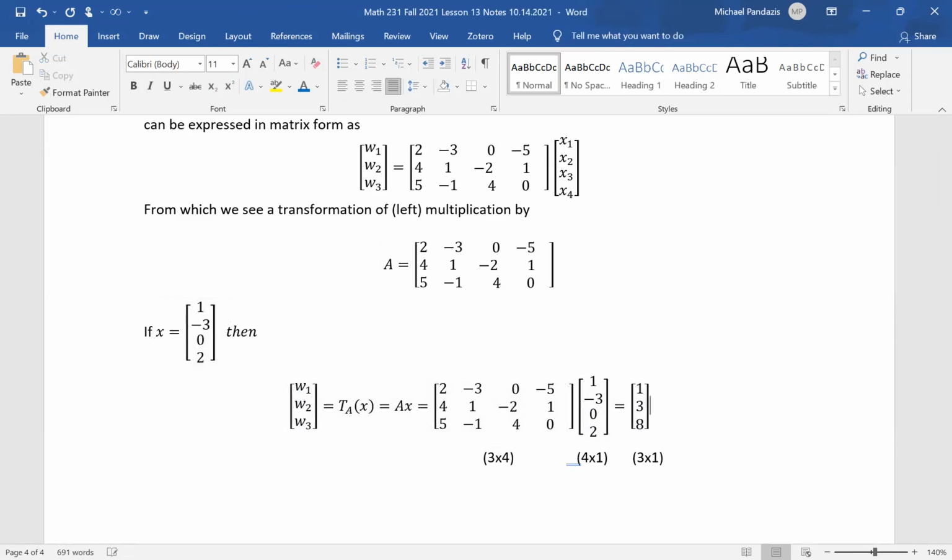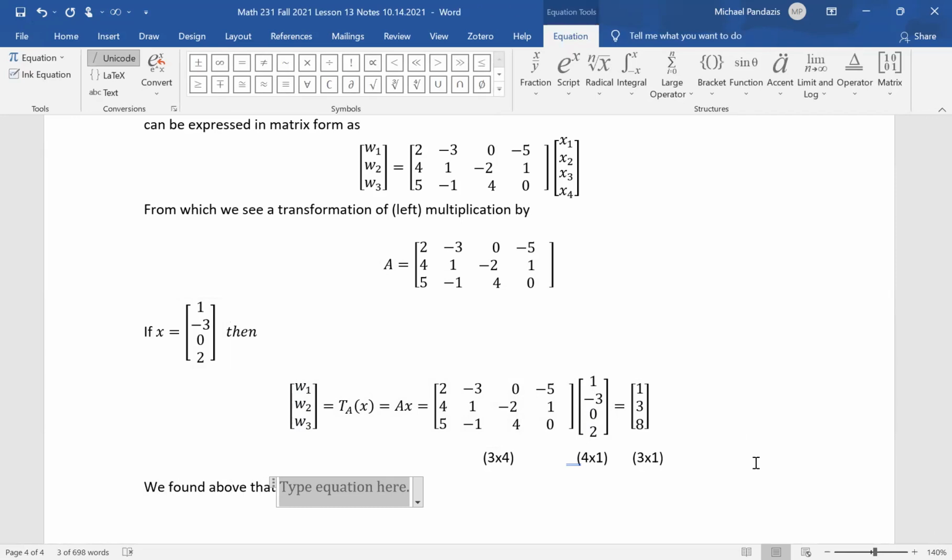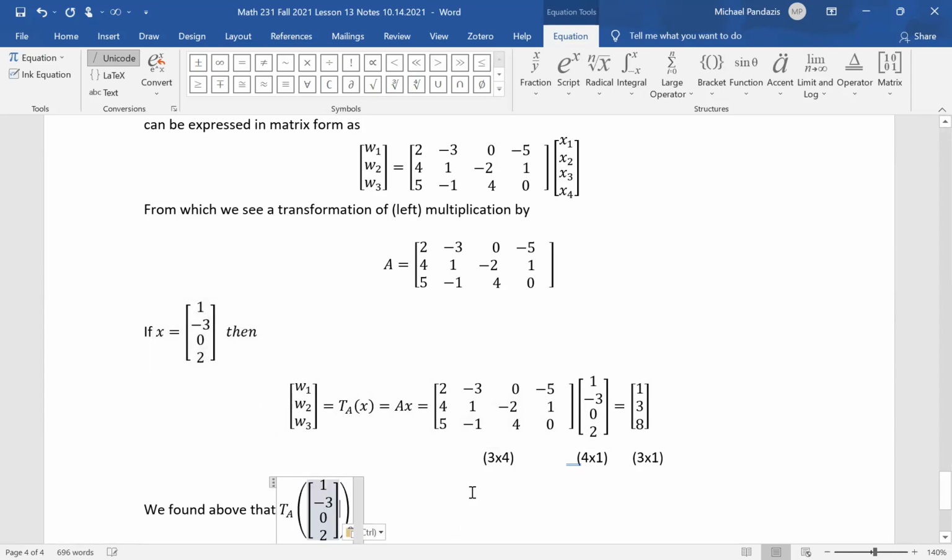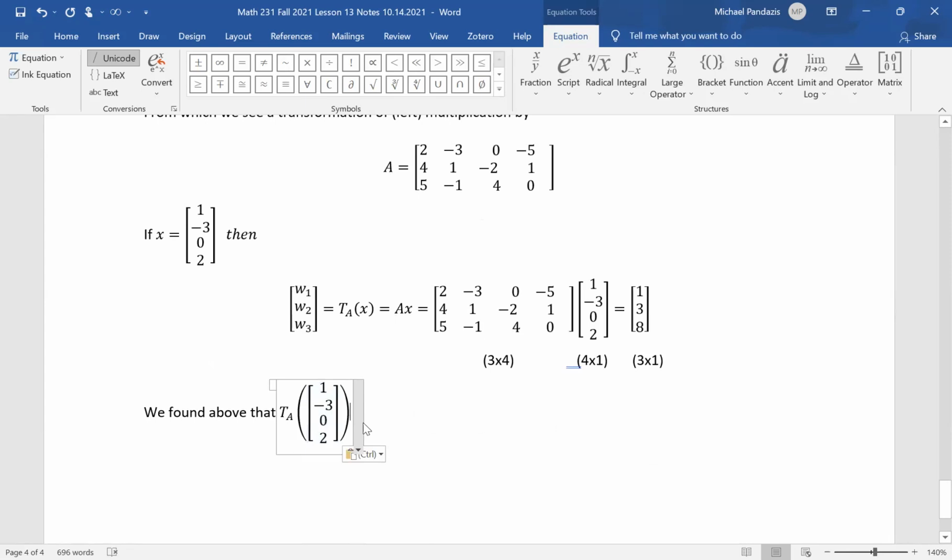We just plug that into our matrix transformation, our matrix function, to get this output. So we found above that T sub A of this input vector, instead of writing x, I'm going to write the vector out. You wouldn't necessarily always abbreviate, you'd probably put x there, but I just want to illustrate that the output is this vector.